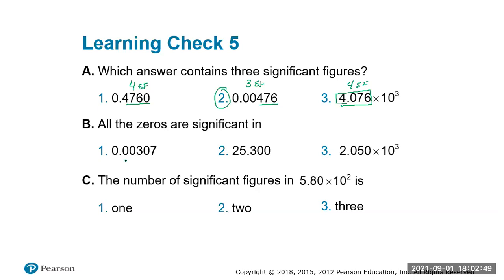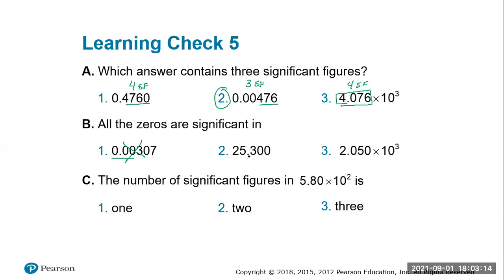Taking a look at the next one, we're looking for where all the zeros are significant. It definitely would not be this one, because this has some leading zeros, so those zeros at the beginning are not significant. That one has 3 significant figures, by the way.